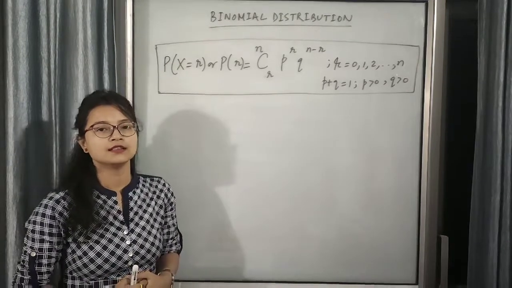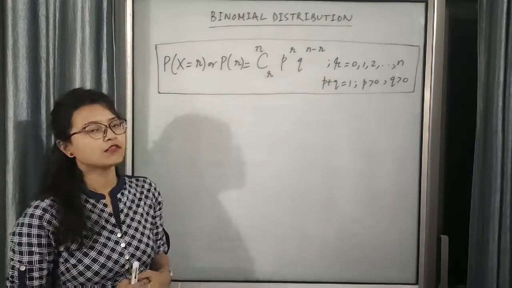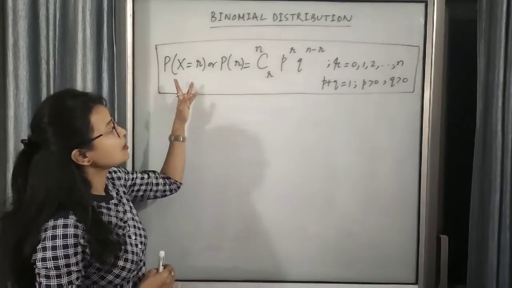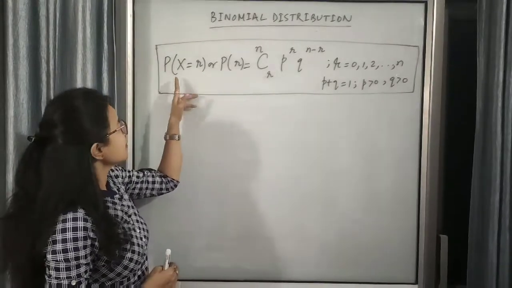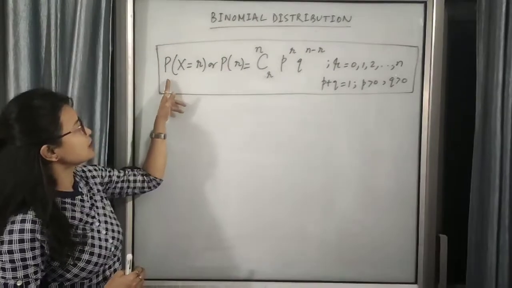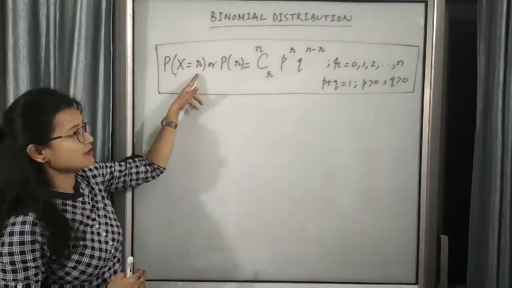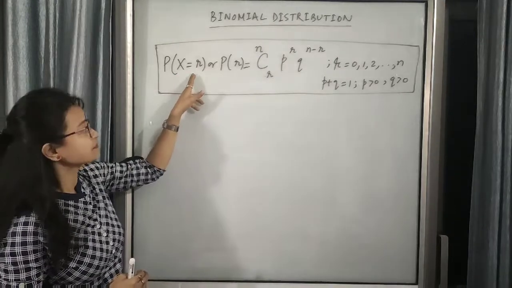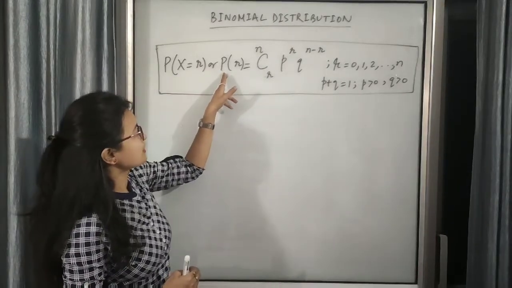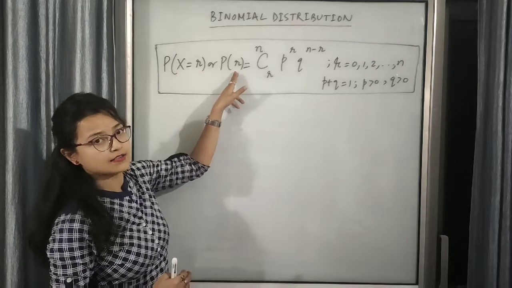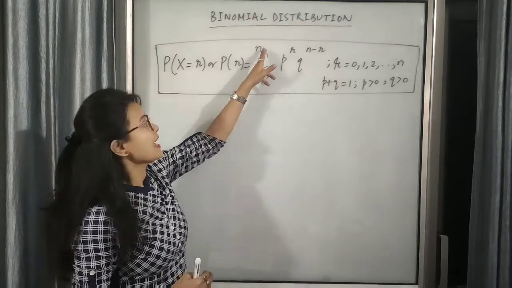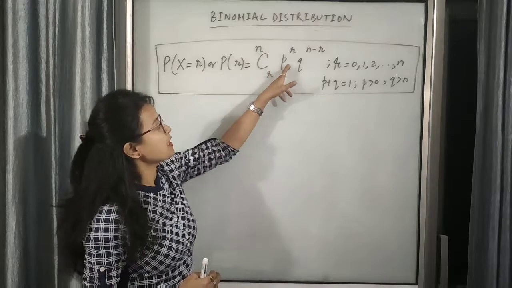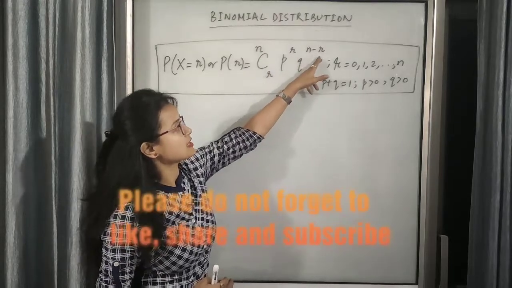Now let us try to understand all the symbols involved in this formula. Here on the left hand side you can see probability of X equal to r, meaning probability of r successes, or we can represent it using the symbol P(r) is equal to nCr p power r q power n minus r.